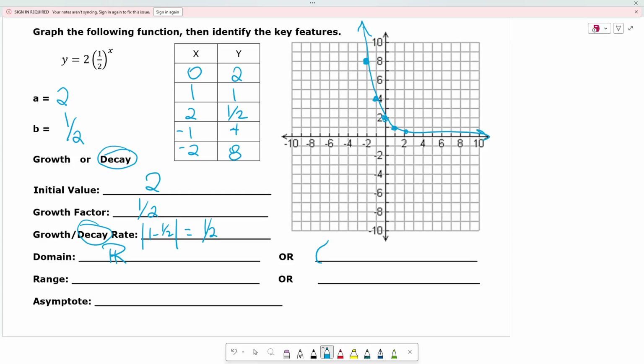We can write it in either format, and there are even more ways to write this, but we're going with this. The range still has the same restriction. It goes from 0 to infinity, or we could say y is greater than 0. And the asymptote is the same as it was in the previous example: y equals 0.